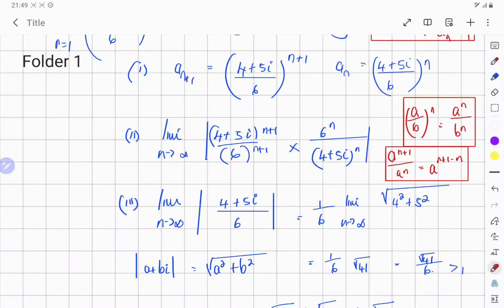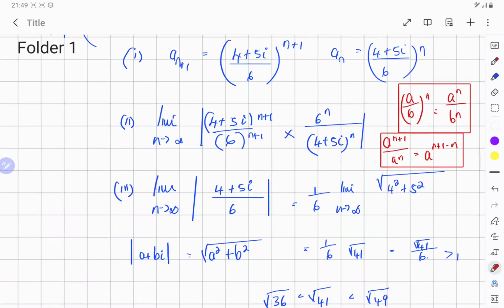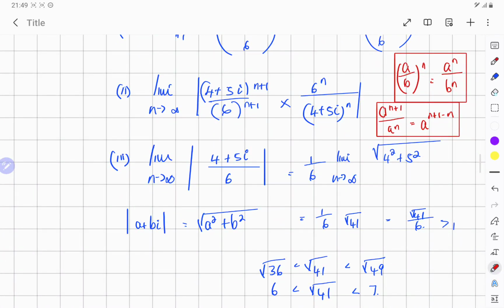Limit n approaches infinity. Now, the common mistake students make here, so please familiarize yourself with this. This is the magnitude of 4 plus 5i, which is a complex number.